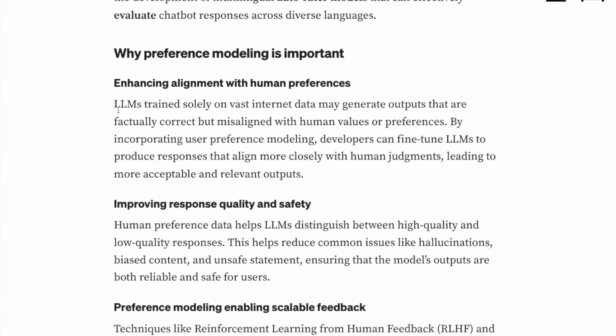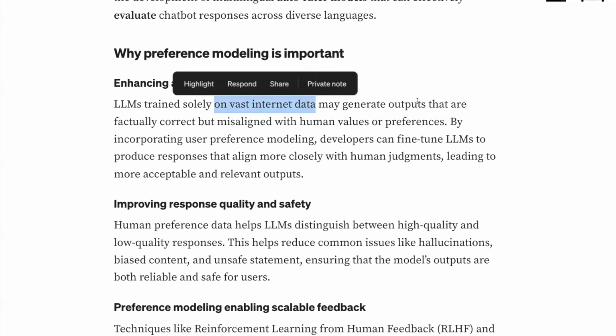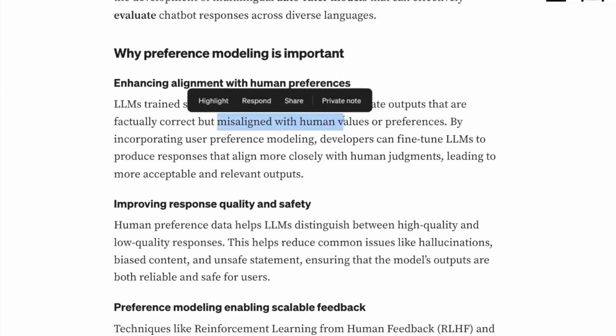So usually in LLM training, there is pre-training on a vast internet data set, and then further fine-tuning on some supervised data sets, right? But people also say that it's misaligned with human values or preferences, so the output isn't really useful.